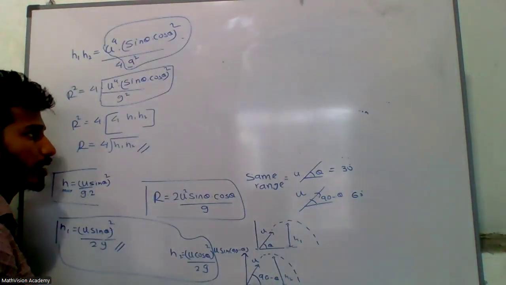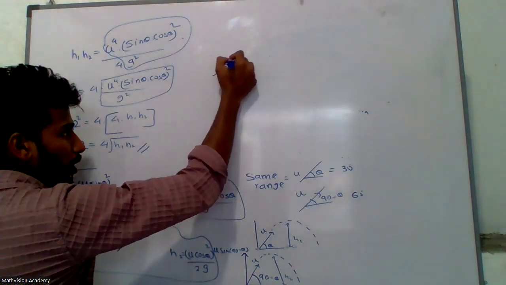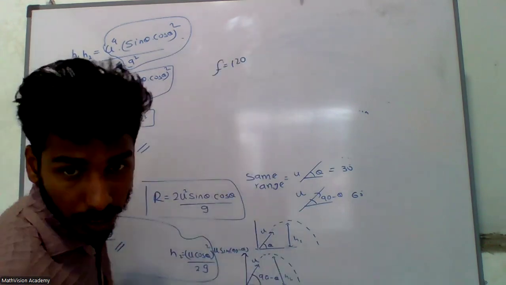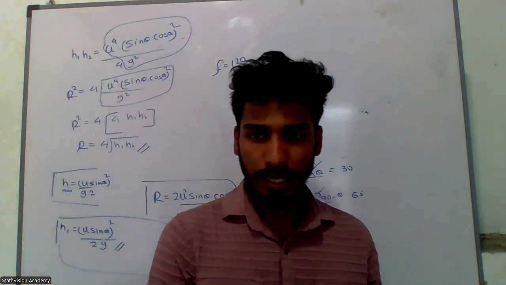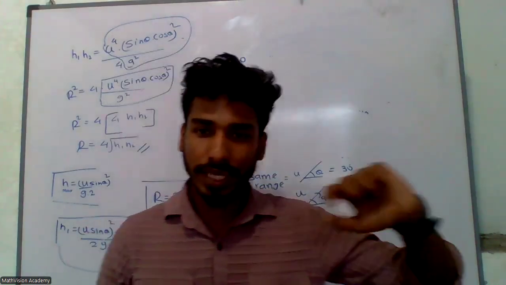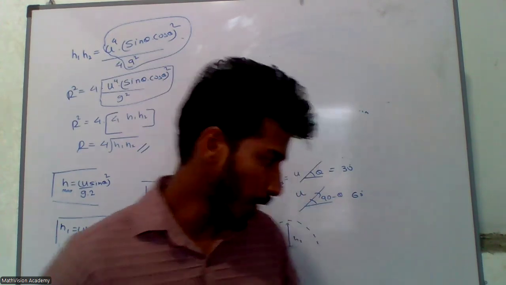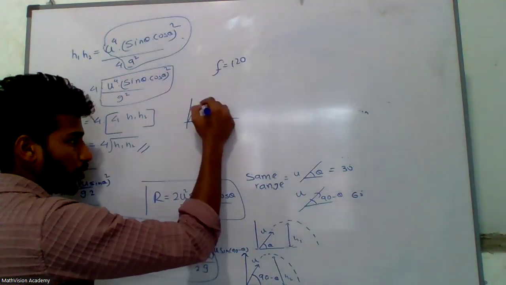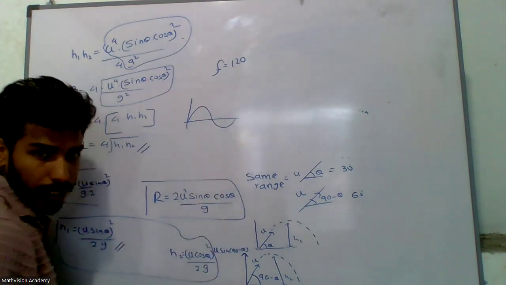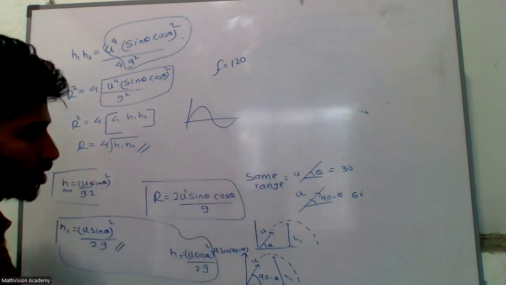So if you look at here, the frequency of the wave is 120 and the phase difference. Now I said in the last class, I won't be discussing everything in detail. I'll just explain them through questions. So this is the point. If I had a wave, let's say a progressive wave, this part is in one phase, this is in the other phase.